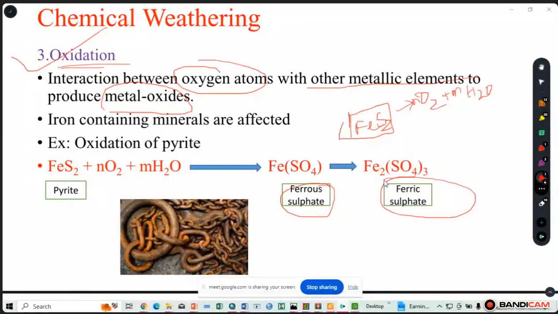Okay, this is the main process. The roasting of iron mainly involves the oxidation process, because the iron is exposed to the atmosphere, comes in contact with oxygen, and after that it gets converted into ferrous sulfate and ferric sulfate.